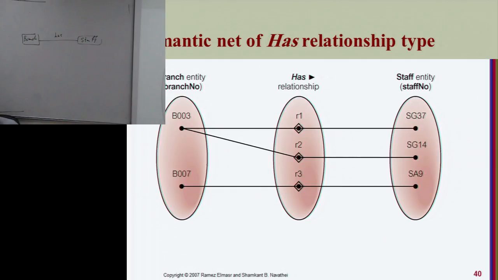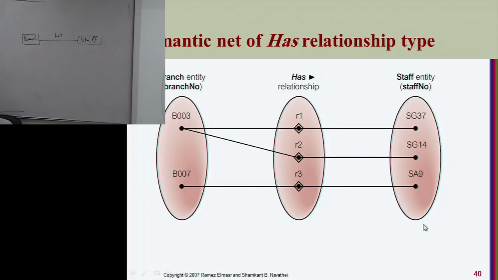B03 is the branch number for a specific branch, and B07 is the branch number for another branch. Of course, the branch number is the primary key in this example. So let's represent the branch by its primary key, the identifier. So we have two branches here in this pool, B3 and B7.